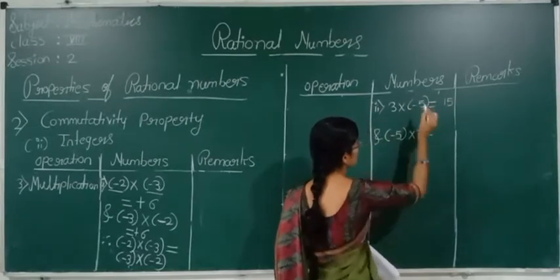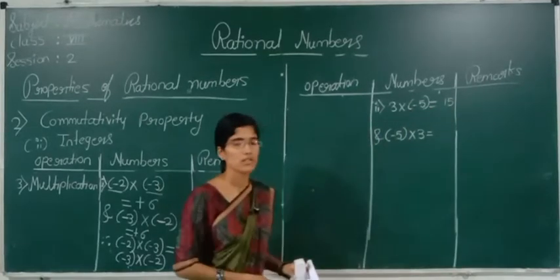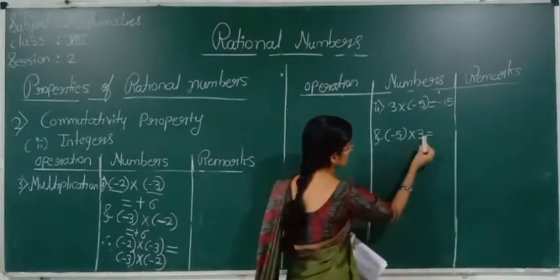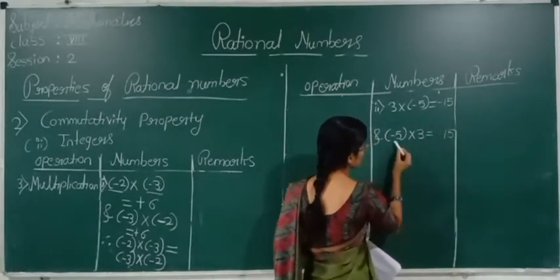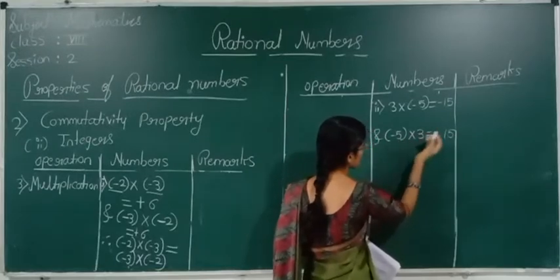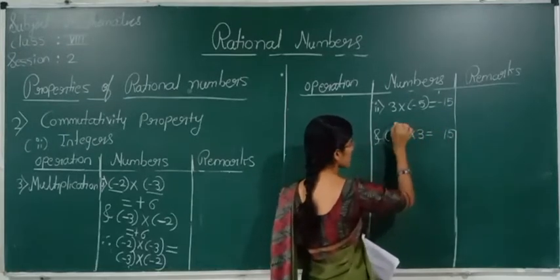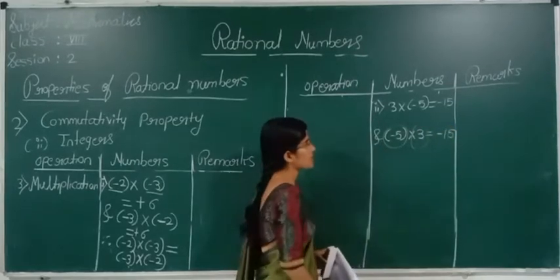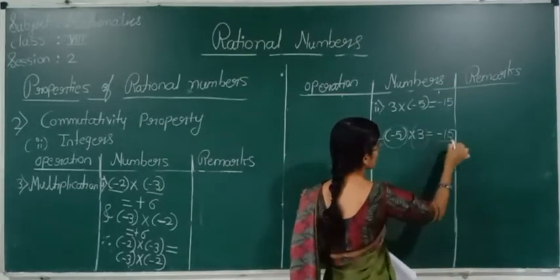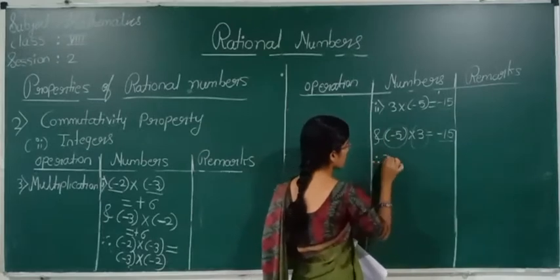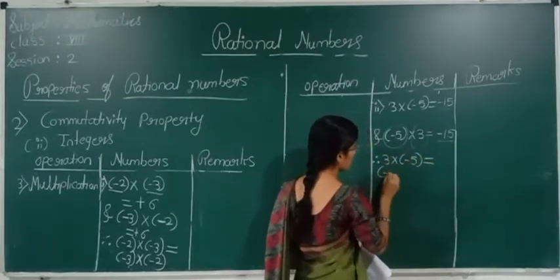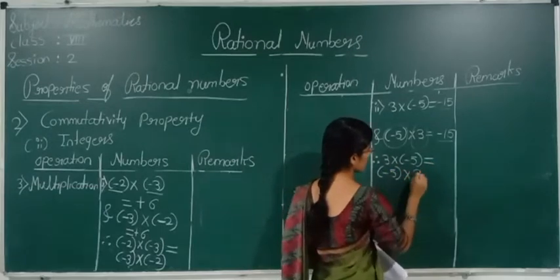A positive integer multiplied by a negative integer, the answer will be a negative integer. 5 3s are 15. A negative integer multiplied by a positive integer is a negative integer. Now see here, the result we are getting is the same. Therefore, 3 into minus 5 is equal to minus 5 into 3.